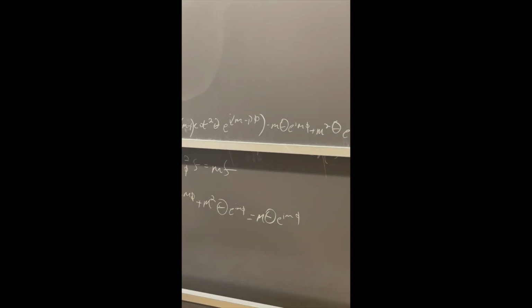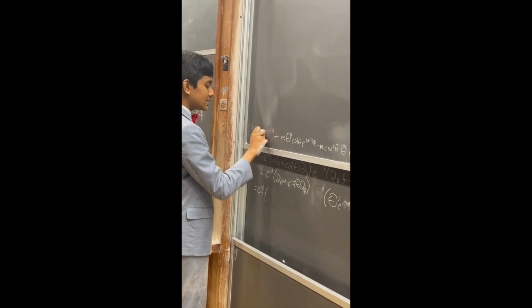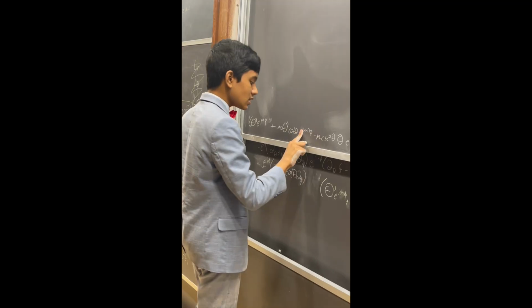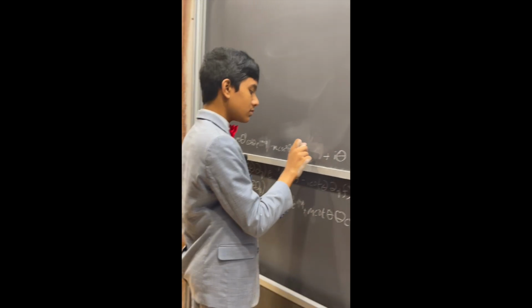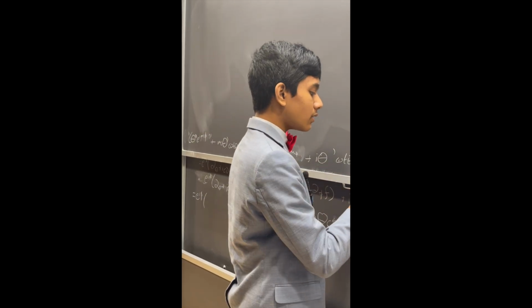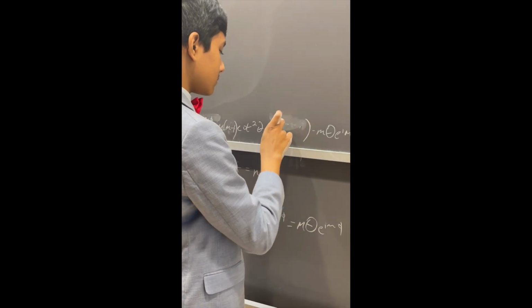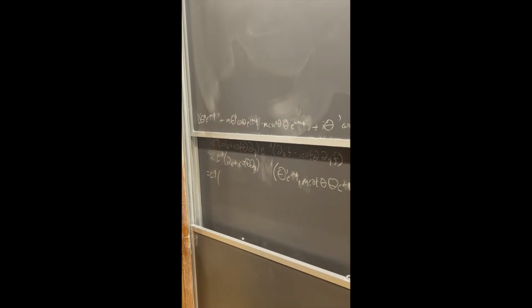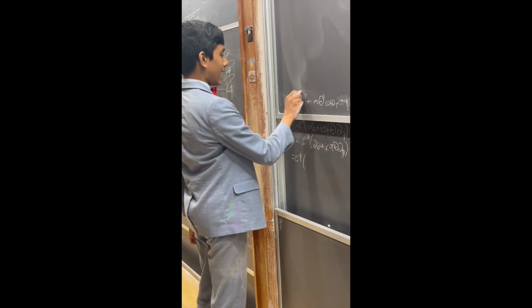Now, we can actually distribute the e to the i phi all the way over here into this product, which makes this i m phi, this also i m phi, this is also i m phi, this is also i m phi, this is also i m phi, this is, oh, we already changed that. Okay. Now, we can actually cancel out the e to the i m phi's.